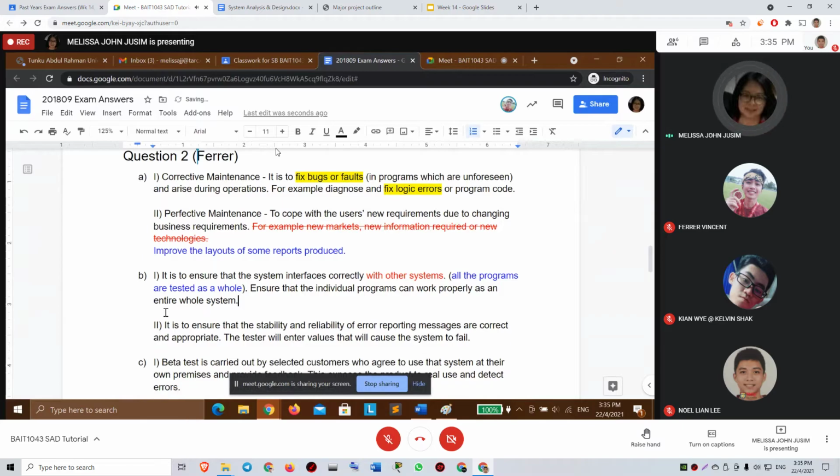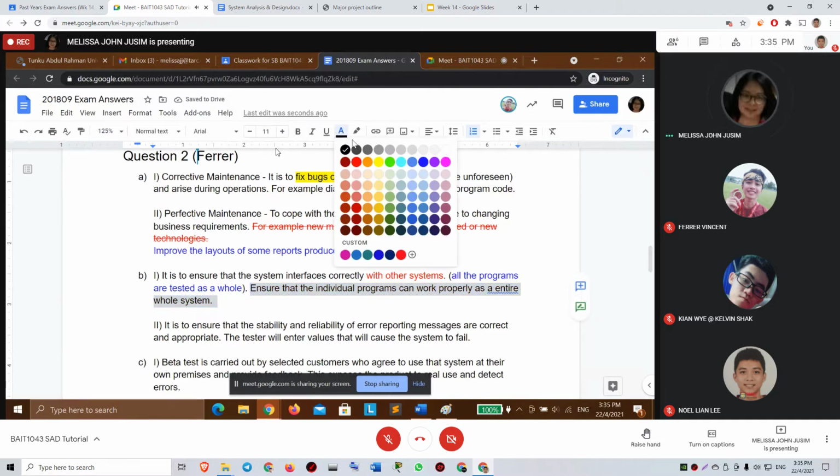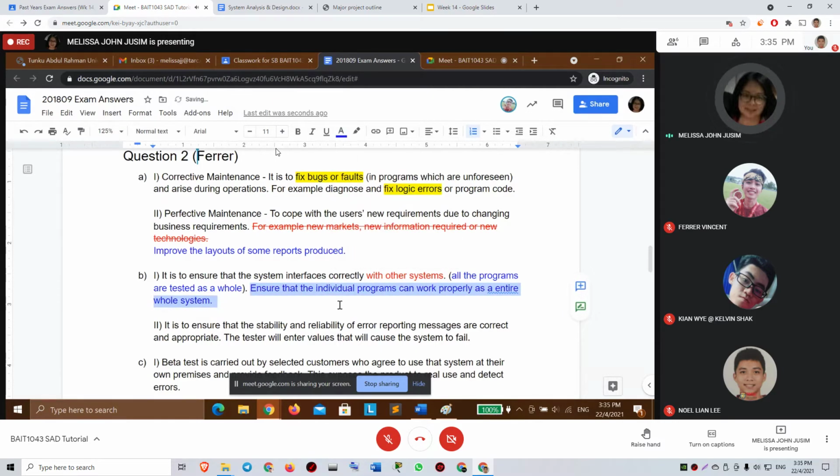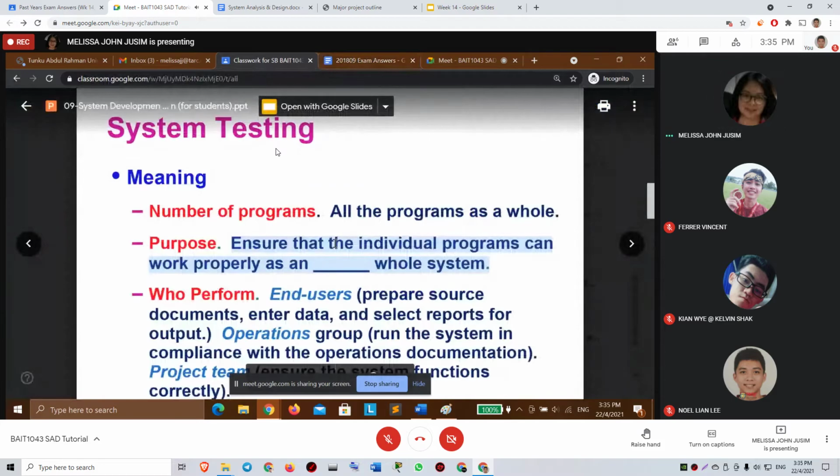Is this correct? Ensure that individual programs can work properly as an entire whole system. As a whole system. Nama. Okay. What else? Because 3 marks, right?